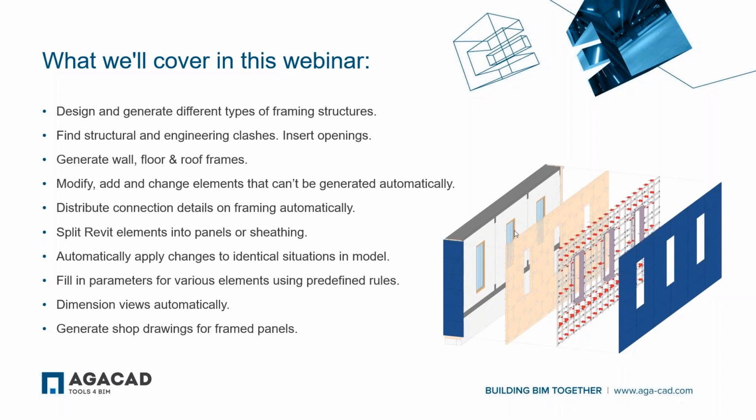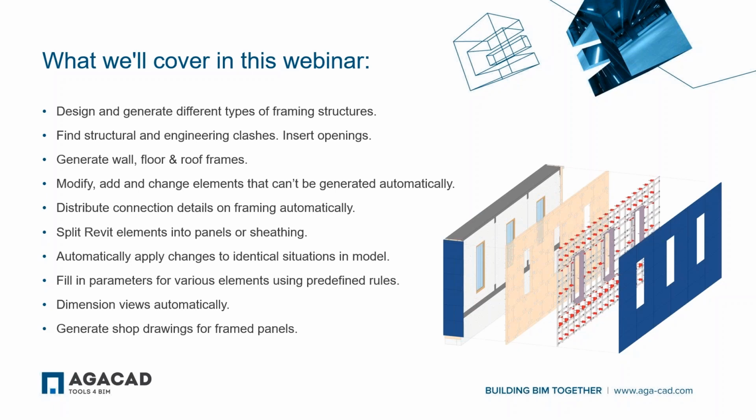I'll also show you how to add all those details automatically, based again on your rules and your created layouts, be it insulation fasteners or brackets to hold your frame. We'll also be splitting your Revit walls into panels to get the same insulation or panels, or the sheathing for your interior walls, let's say.